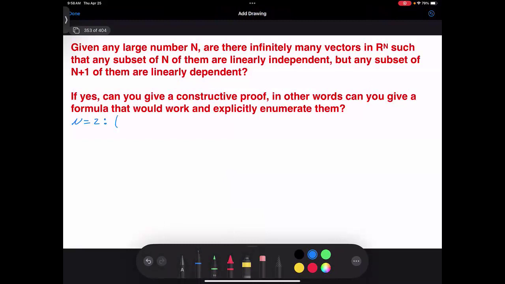So maybe take the first vector to be (1, 1). What would be a good second vector that will be linearly independent with (1, 1)? You could do (0, 1). I'm going to just renormalize it so that my first component is still 1. So give me a second component that would work.